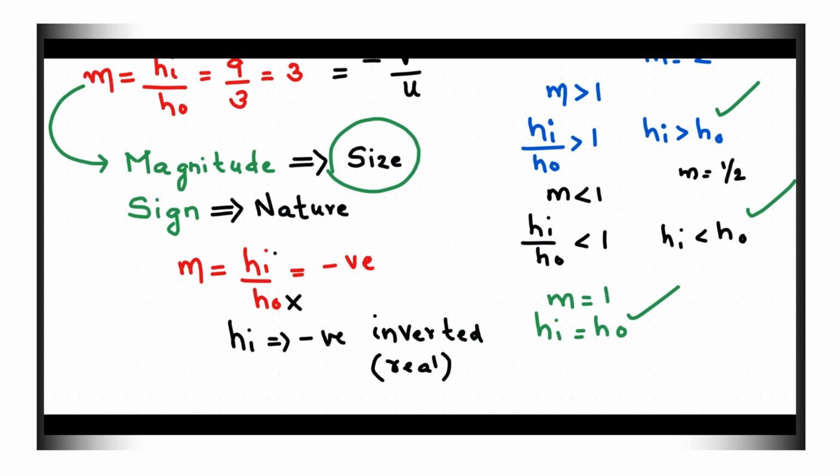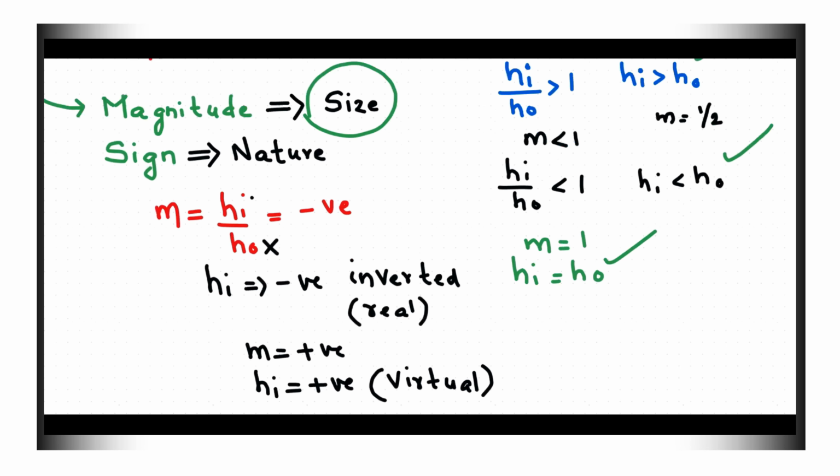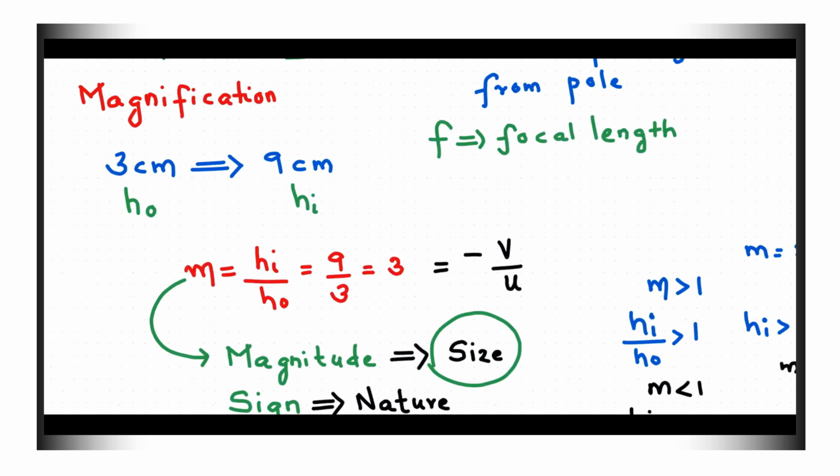Then HI is also positive, because HO will always be positive. If the height is positive, it is an erect image, also called a virtual image. So for the sign of magnification, M positive means virtual, M negative means real. This is what the magnitude and sign of magnification give us.